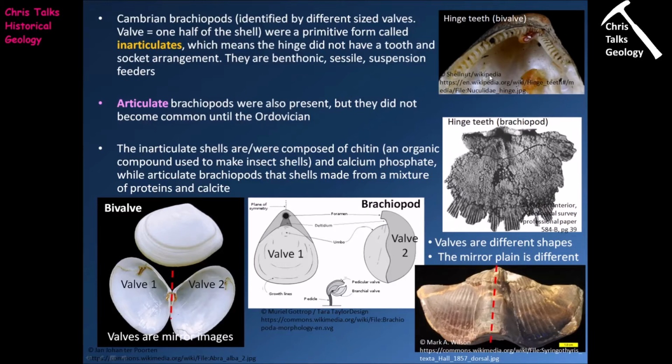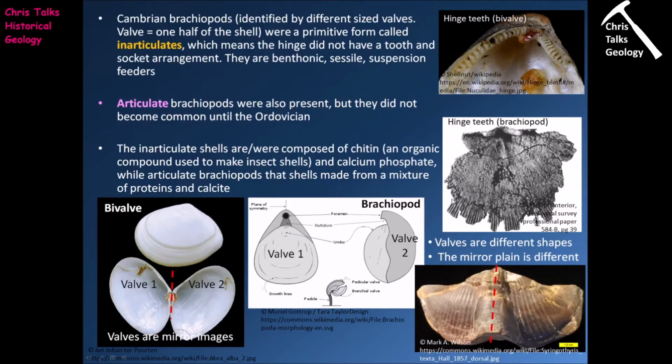This is important because these teeth lock together, it helps to hold the shell together as one. It makes it more difficult for the shell to be pulled open by a predator so it can get to the soft animal inside. So we have the same feature with the articulate brachiopod.